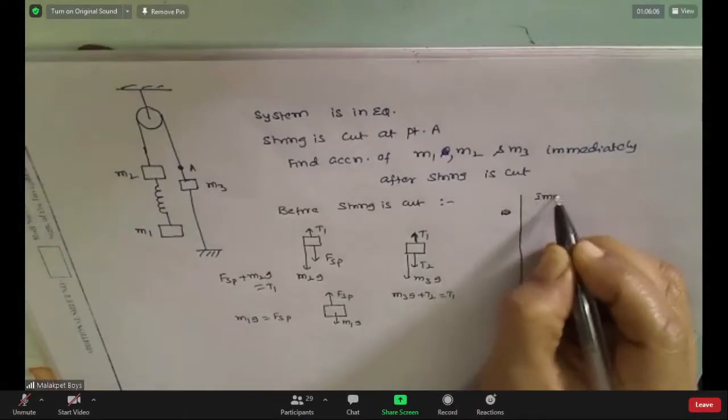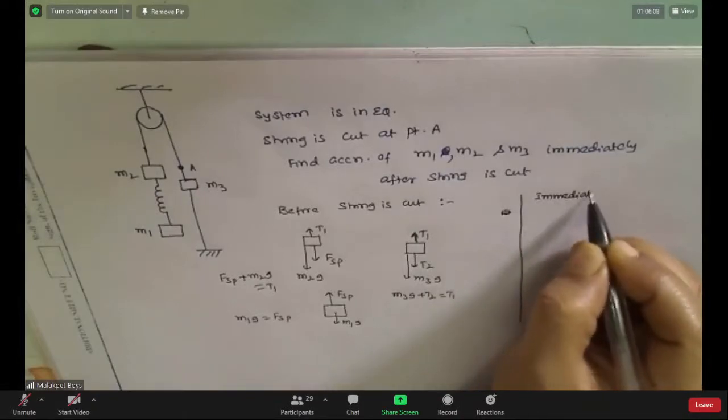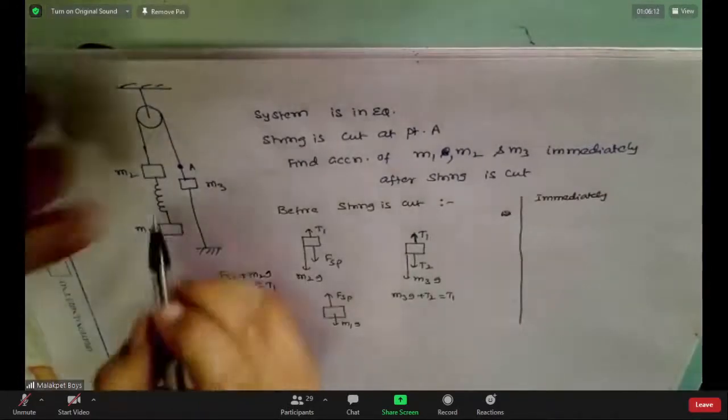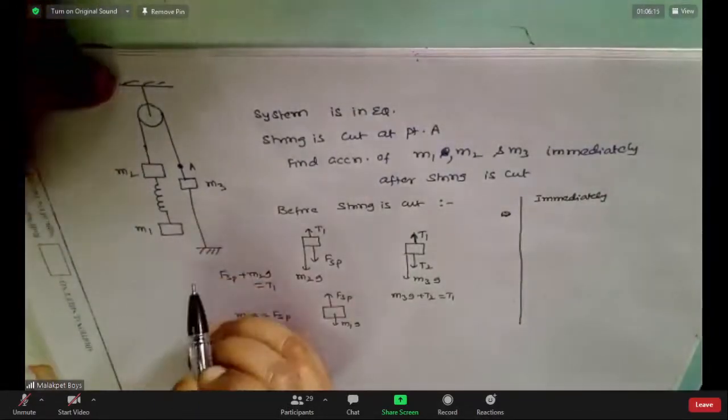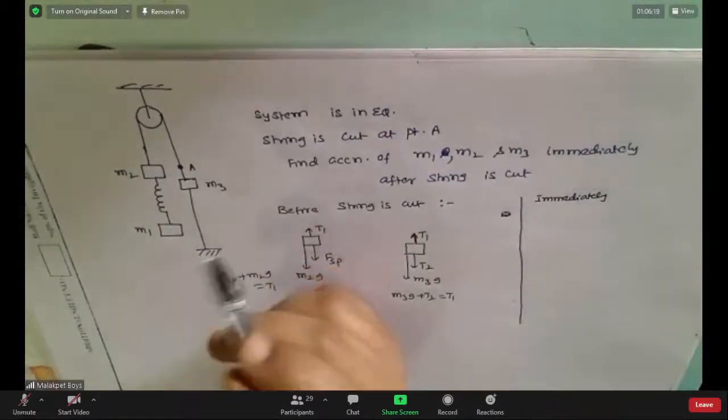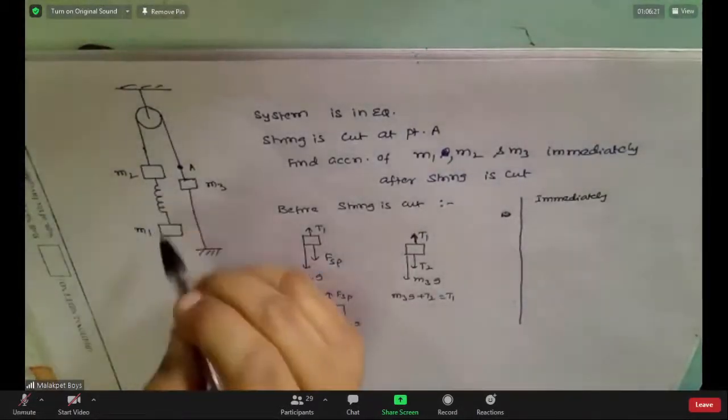One doubt, sir. The spring force should be upward, no, sir? Because the spring is elongated, no? Spring tries to come to its natural length. Think that way. When a spring is extended, the ends come nearer, no?